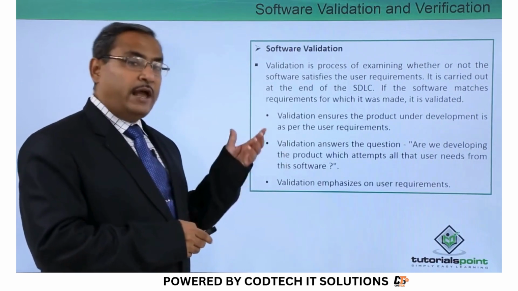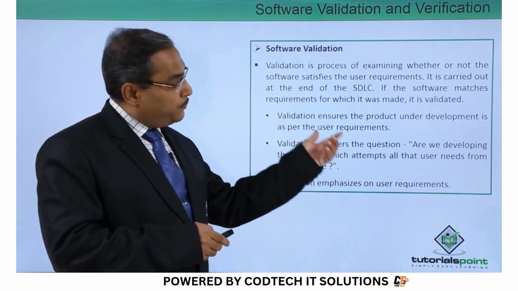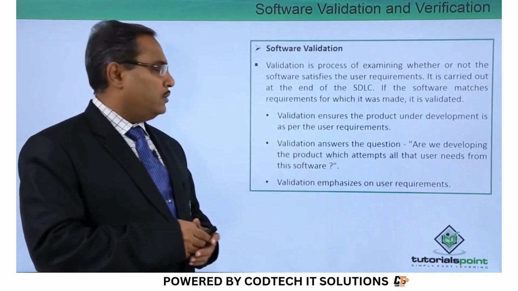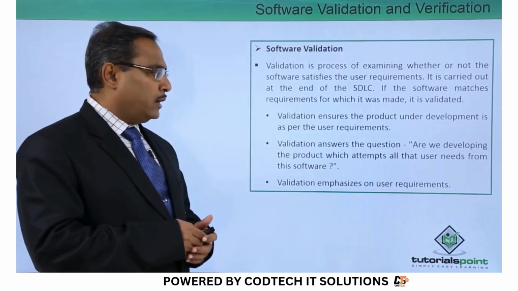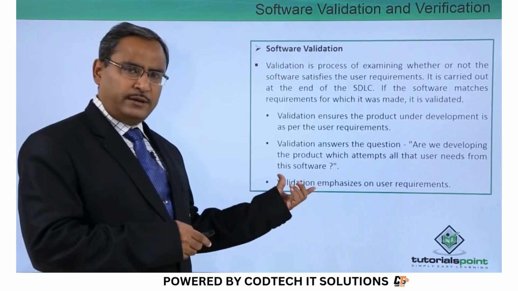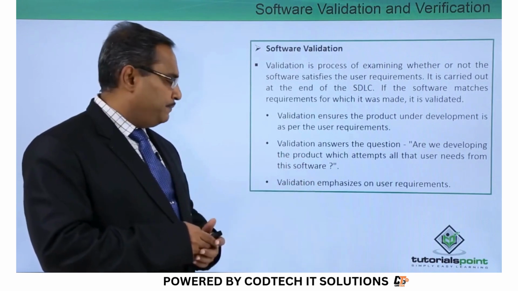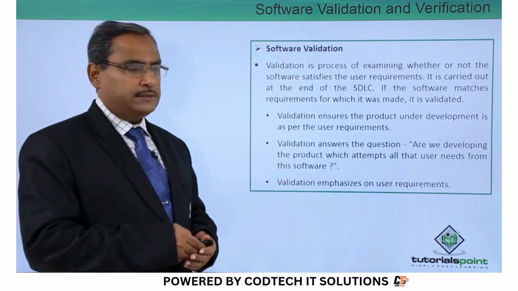So in software validation, we check that the product under development is as per the user requirements or not. Validation answers the question: are you developing the product which attempts all that the user needs from the software? That question is to be answered in validation. So validation emphasizes user requirements.